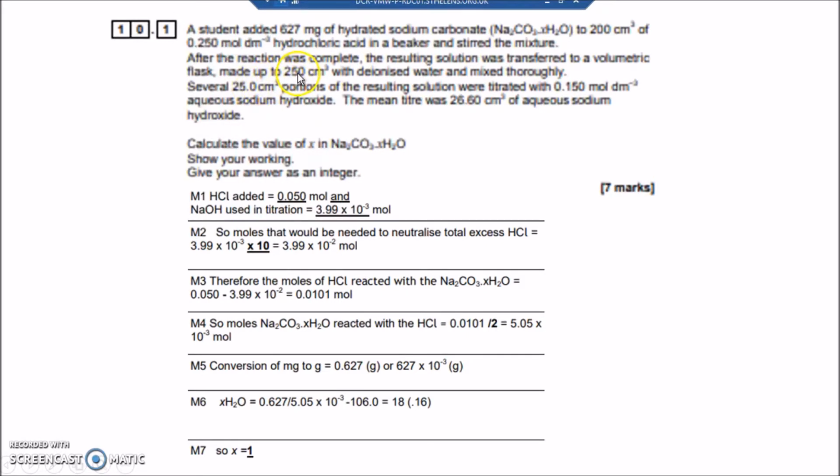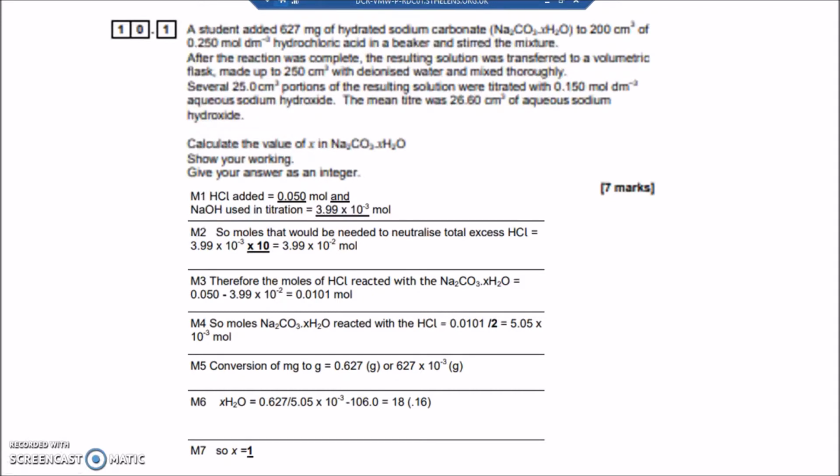We've worked out how much hydrochloric acid was left over in the 25 centimeter cubed sample, but we need to times by 10 to work out how much hydrochloric acid was left over in the 250 centimeter cubed sample. 3.99 times 10 to the minus 2.